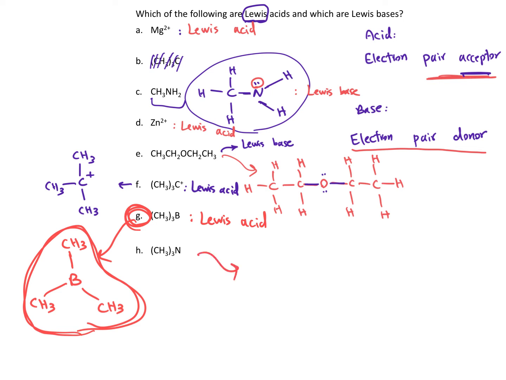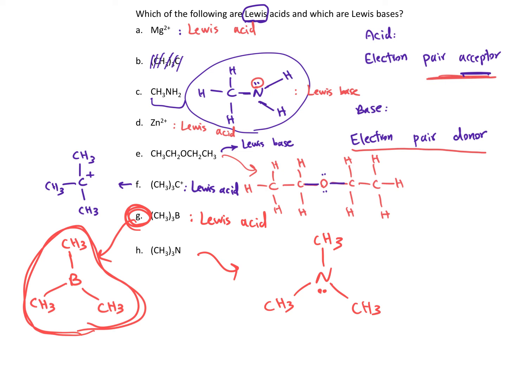And finally, (CH3)3N. So CH3. I guess I can just do a similar structure to what I did for the previous one. (CH3)3N. But in this case, we have the non-bonding pair here.